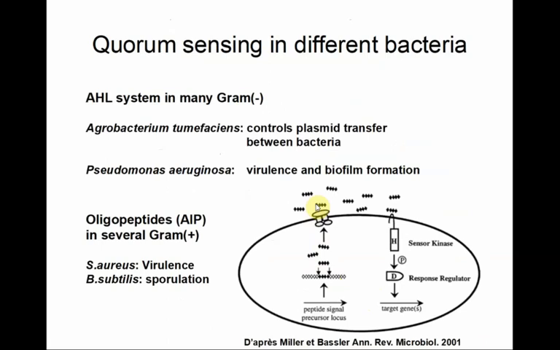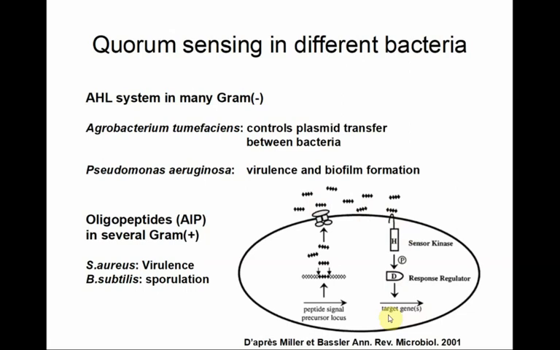It's just like the acyl homoserine lactones. Once the extracellular concentration is high enough, it can be detected by the bacteria. The detection system is a little bit different. These oligopeptides don't diffuse across the plasma membrane, so they have to bind to a specific receptor. And the receptor is going to signal inside to start to express the target genes, whatever they are.